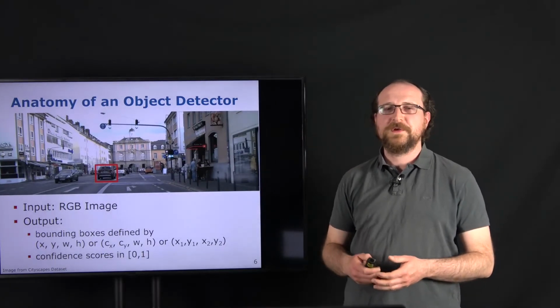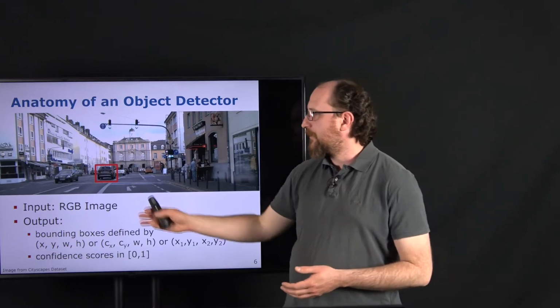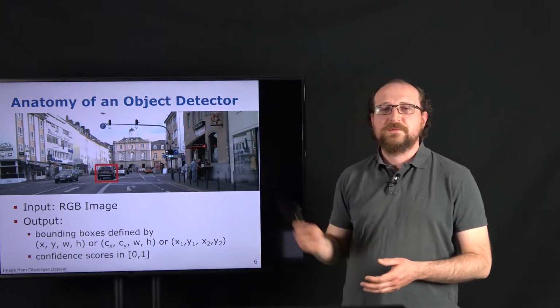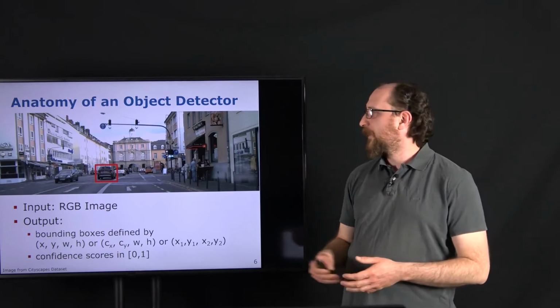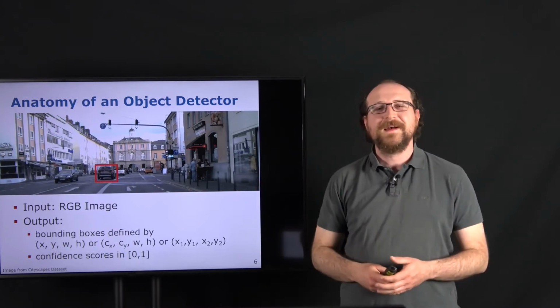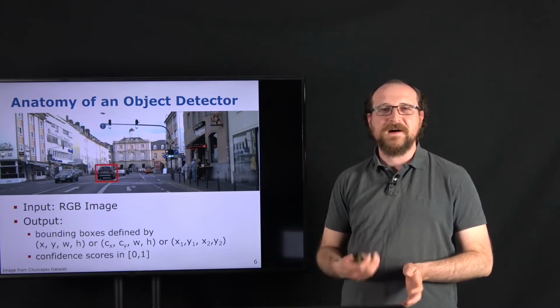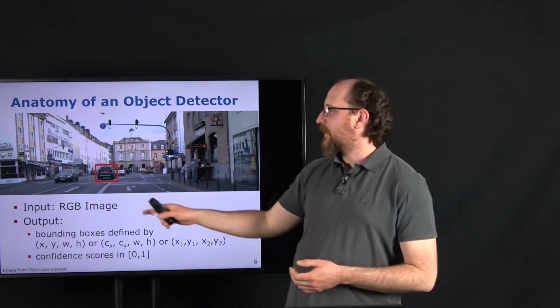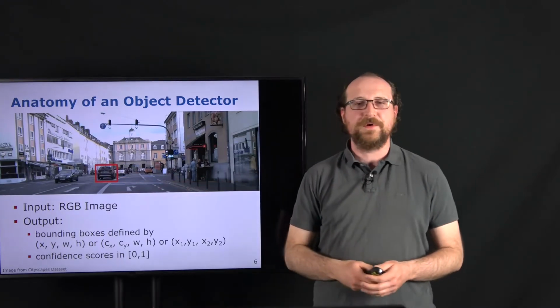In object detection, the input is an image. We have an RGB image, in this case a street scene extracted from the Cityscapes dataset, showing Bonn. And in this case, we are interested in finding the cars. That means we want to surround all the instances of cars by a bounding box.